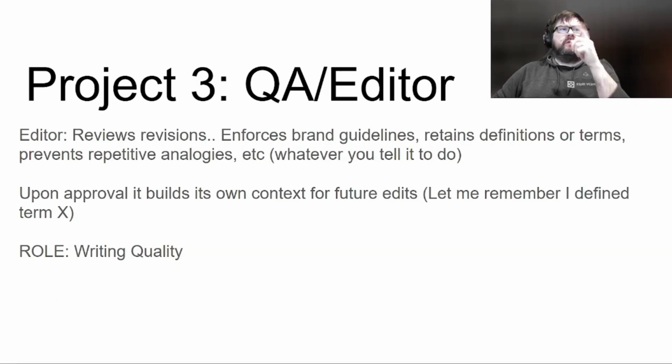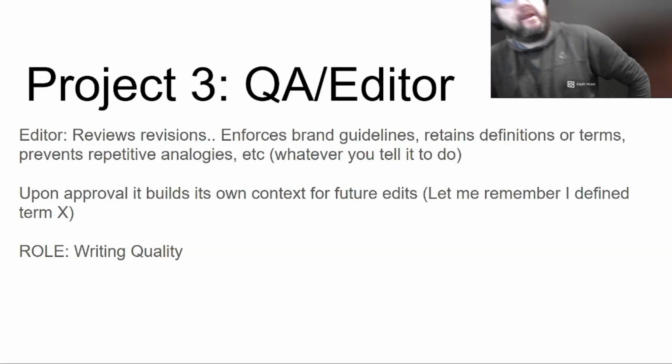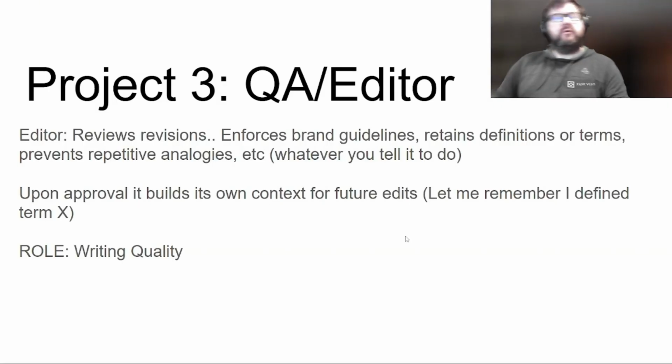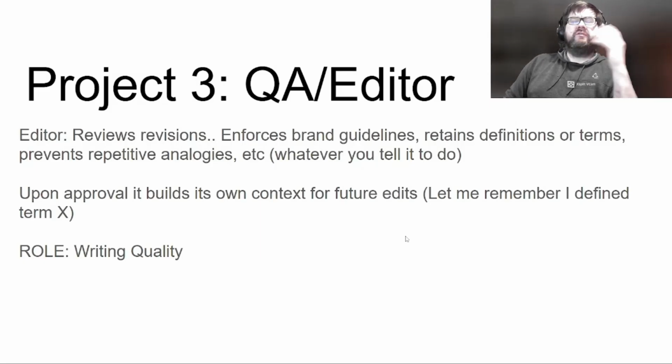Okay, the last project is the QA editor. The editor reviews revisions, enforces brand guidelines, retains the definition of terms, etc. And essentially, it will just keep reviewing in an iterative loop until it approves.